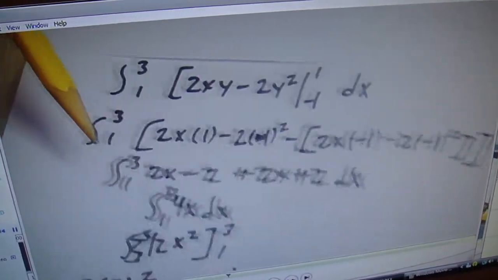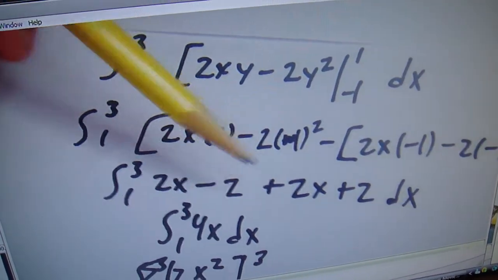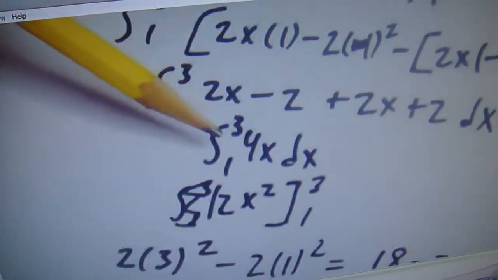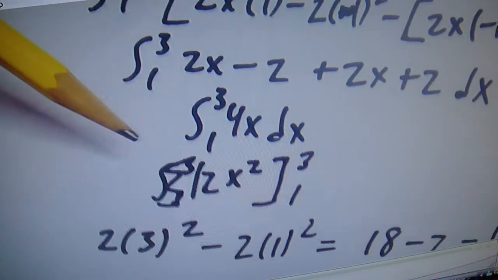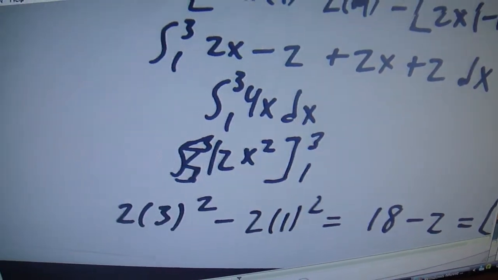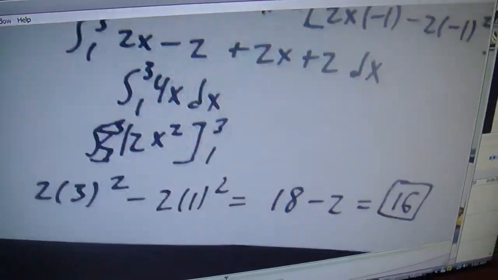So you simplify it, and then you get this equation out right here. And now you only take care of the x's, and then you make another mistake because you're human. That's what we do. So you do that, you end up with 16.